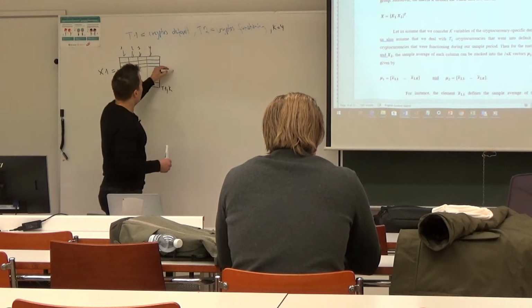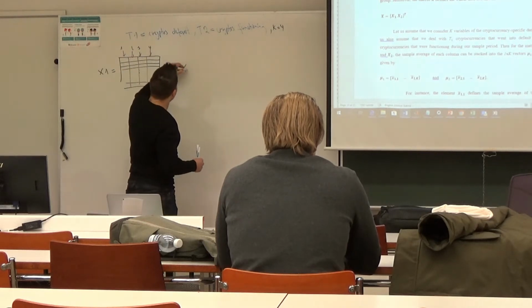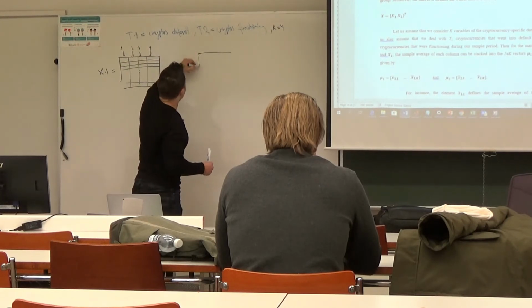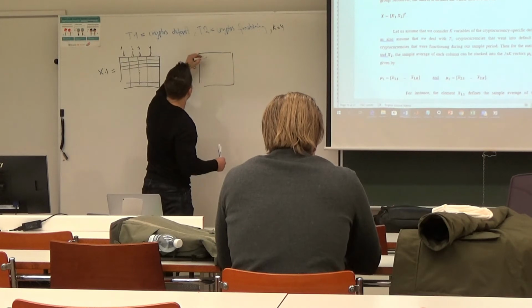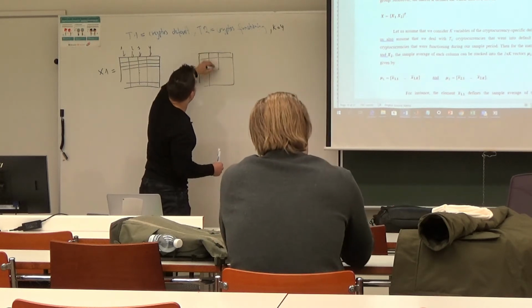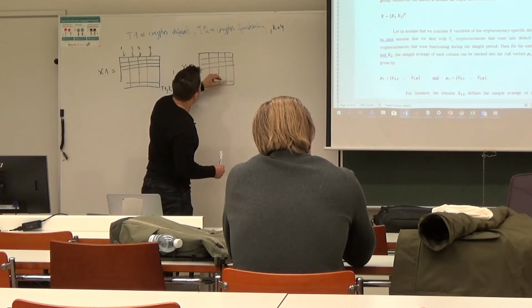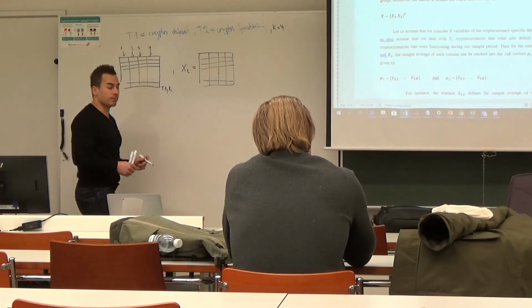Then we also have another matrix, the X2 matrix, which has the same number of columns, because the variables that are interesting are the same, obviously, but they have different values.